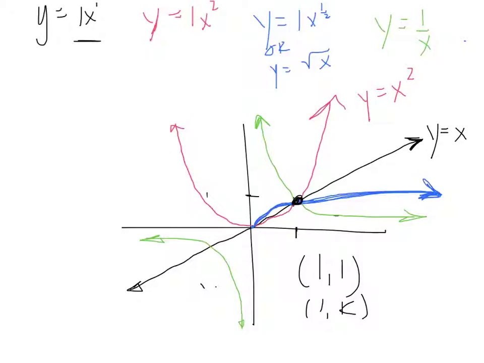If you're given a power function whose exponent is 2 or 3 or 4 or 12 or 13 or whatever, its right side of the graph is going to mimic that of the quadratic function.